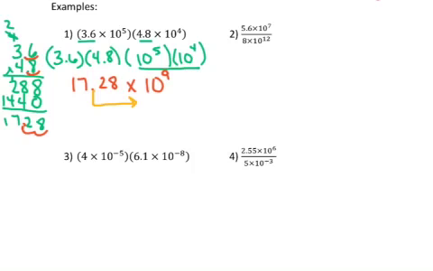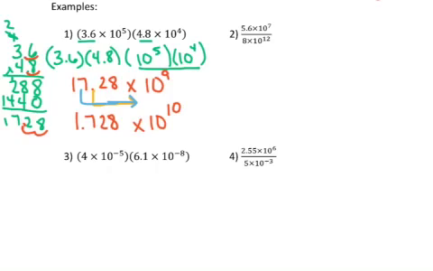So now I'm going to have 1.728. And if I put it there, that means that I have to add another decimal movement. So instead of moving it 9, that was in the yellow, I now have to move it 10. So my exponent is now a 10. And that is my answer.